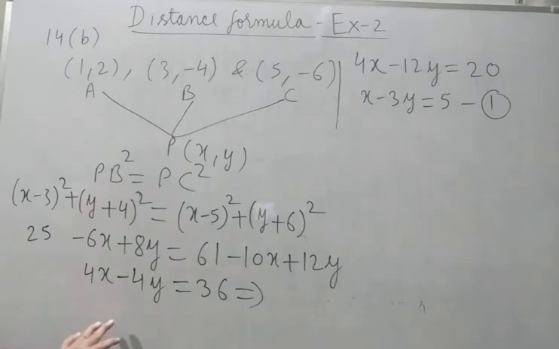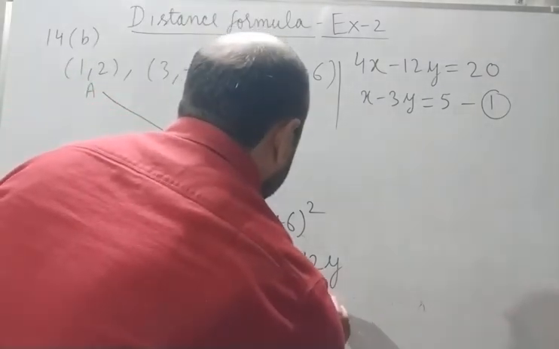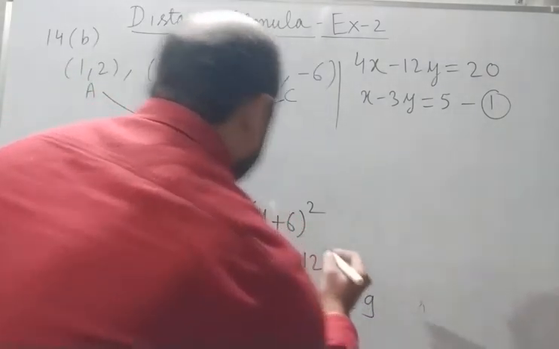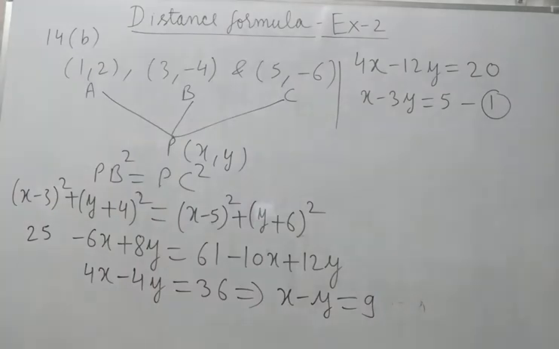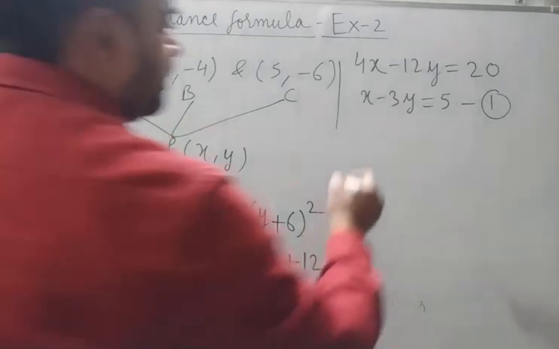Clear? So the final equation will be x minus y is equal to 9, correct? So we have two equations.